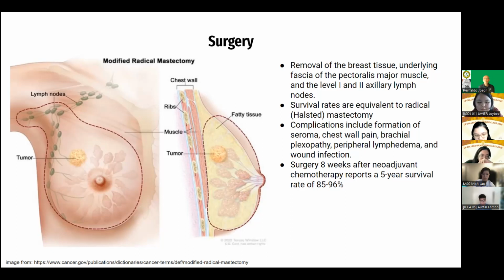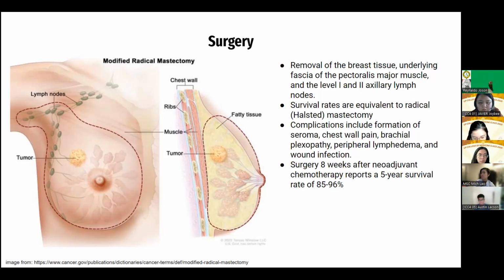So for our patient in particular, when we were talking with the patient regarding her treatment plans, prior to chemotherapy, she was already advised the modified radical mastectomy because of the lymph node metastasis. So originally po, this was the plan of the patient because it was what the patient wanted from the get-go.